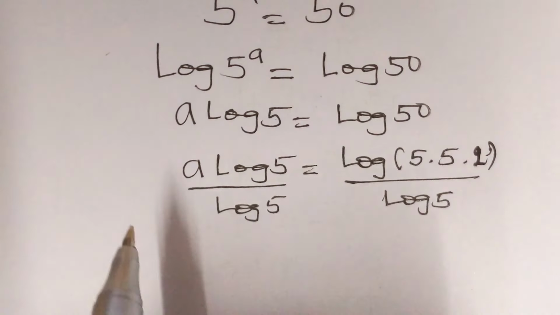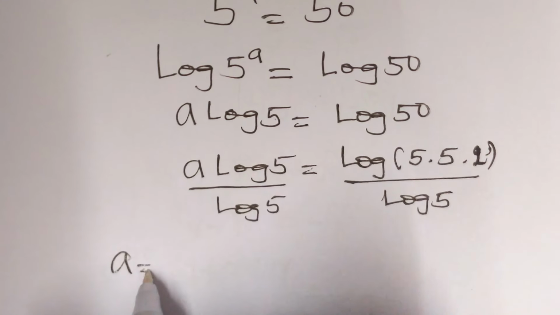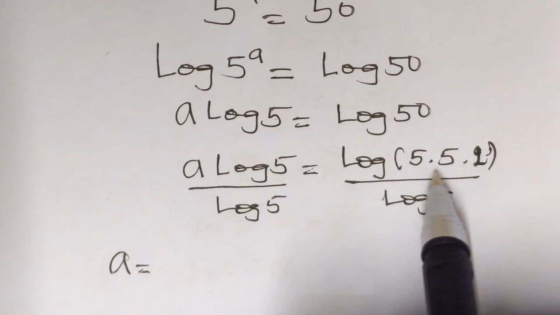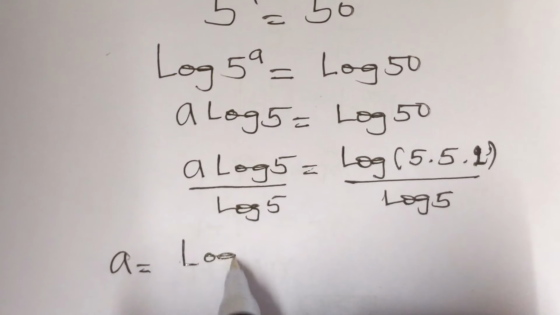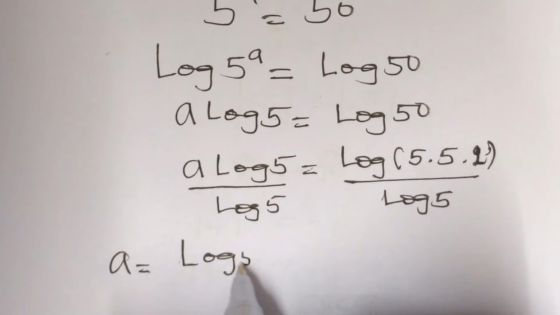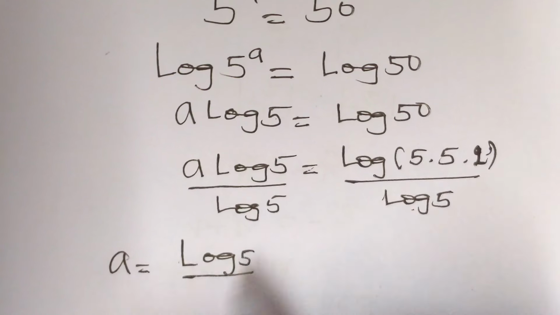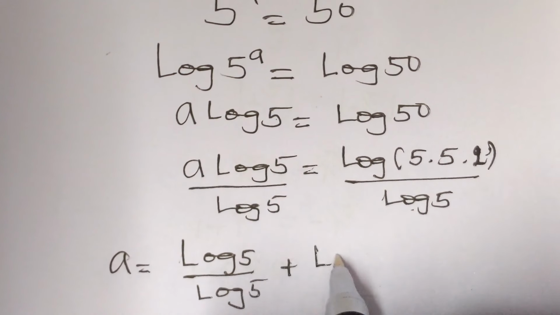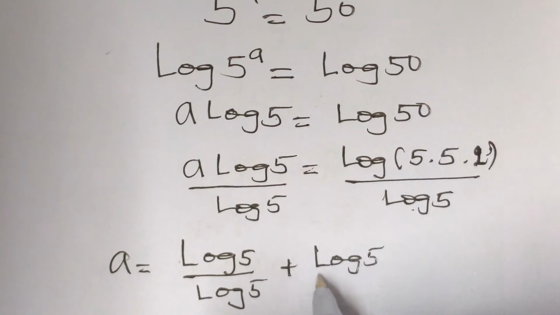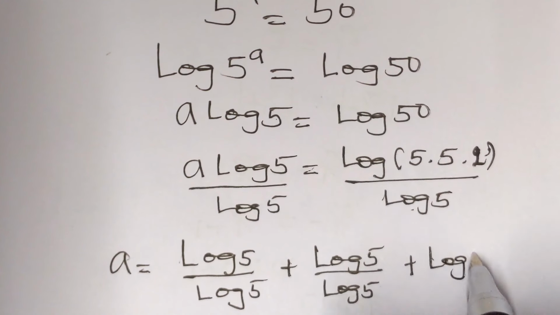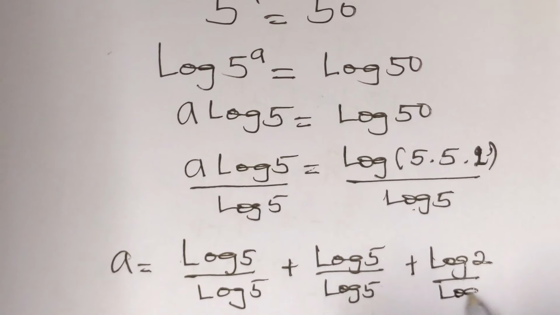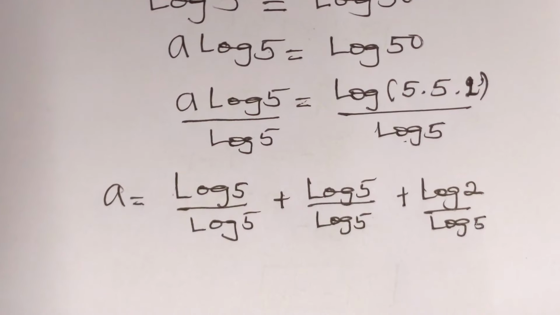Then here a is equal to, when you have multiplication, when we are going to write them we have to add, to get logarithm of 5 divided by logarithm of 5, plus logarithm of 5 over logarithm of 5, plus logarithm of 2 over logarithm of 5.